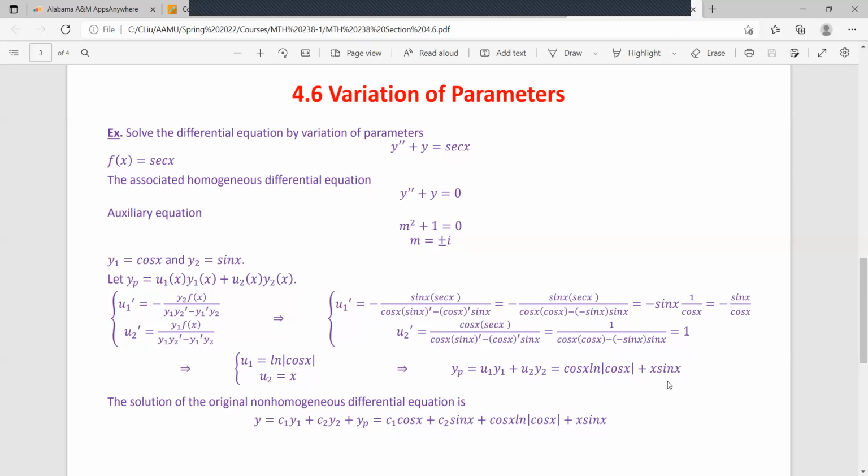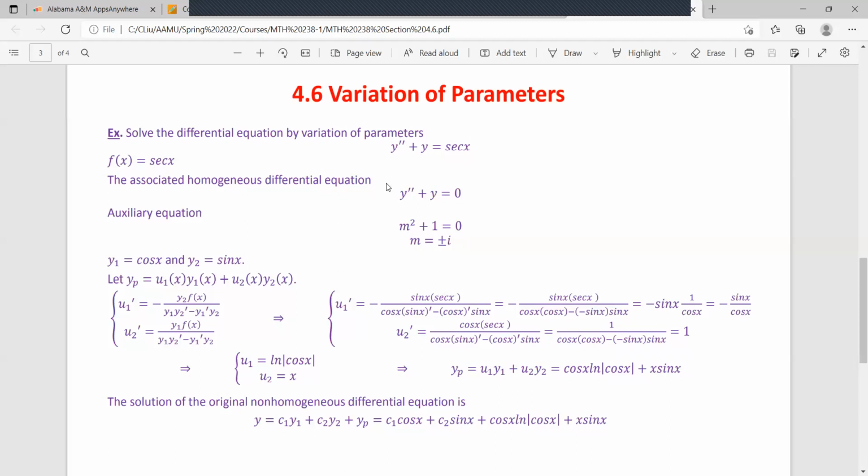Okay. So this is just the particular solution we found for the non-homogeneous equation, and to find the general solution to the equation, remember, yp is just a particular solution. So we need to find a general solution of this non-homogeneous equation.